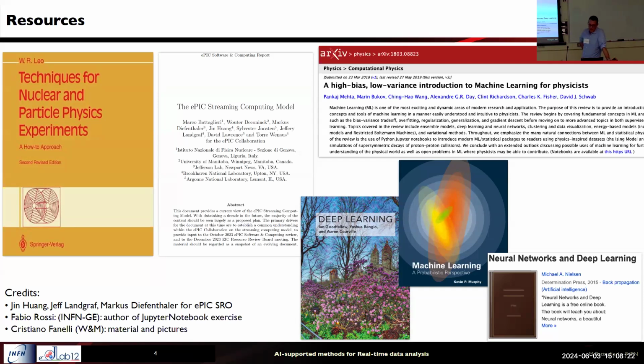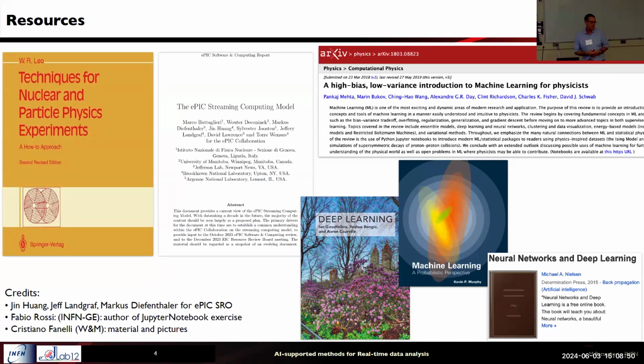As far as the AI part, there are many books available. This is just a sample of what I read, but many of them are very well explained and give you the basis for that. I also have to give credit to people who worked on this; part of the material I'm going to present is grabbed from seminars, presentations, and lectures that other people did.